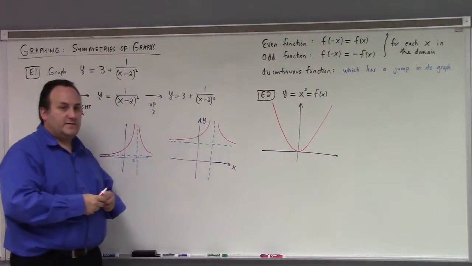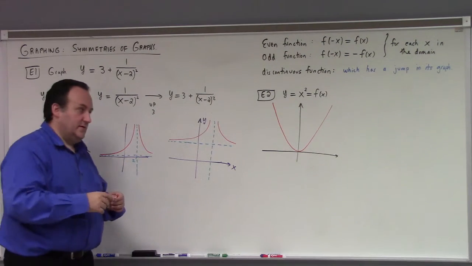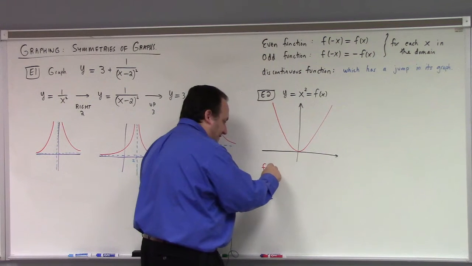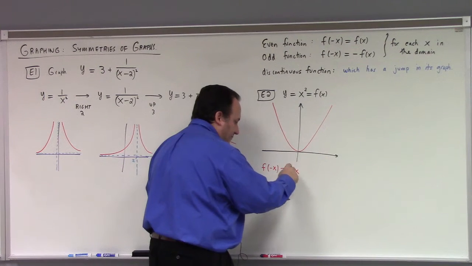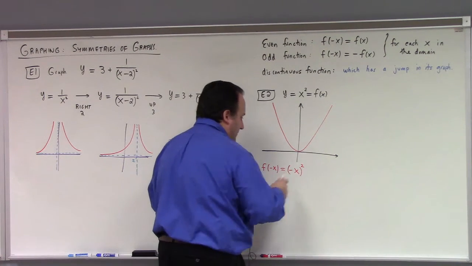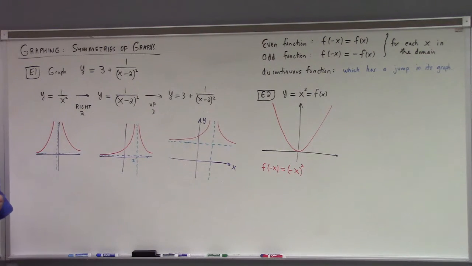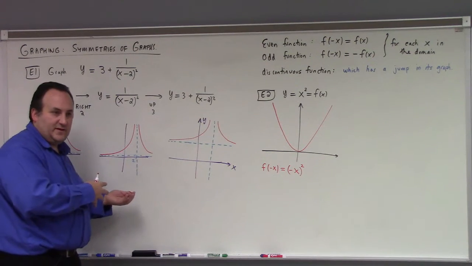Y equals x squared. Is this an even function? Let's check it, right? To check that, let's look at f of minus x. What's it equal to? That's equal to (minus x) squared, right? Now when you square that, minus times minus gives you plus, right?